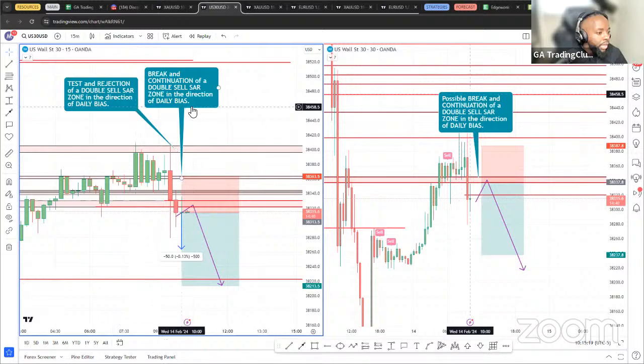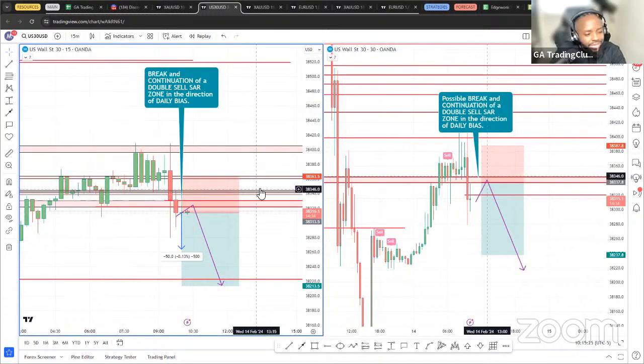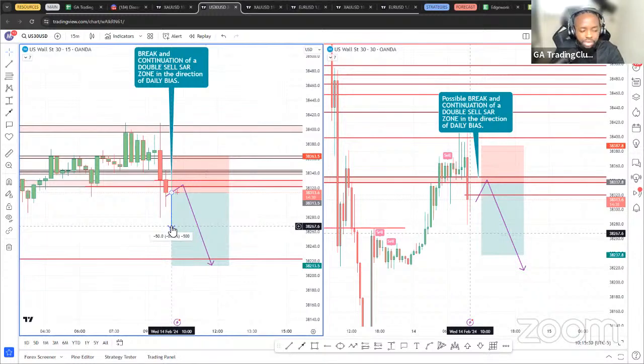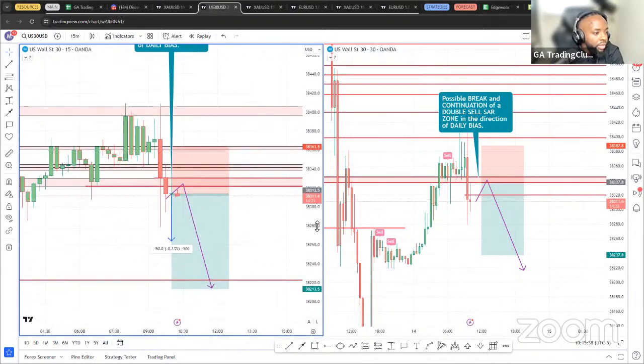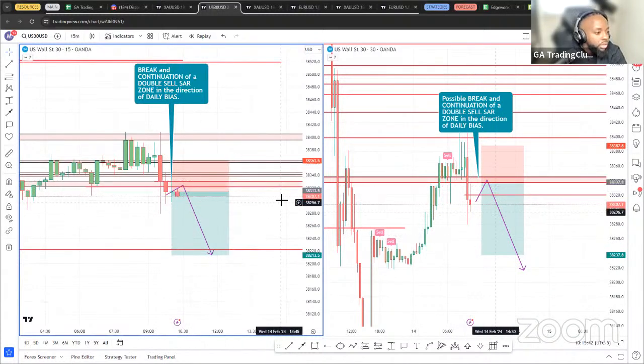So the one I'm in is a break and continuation of this zone that's down here. So I'm not really looking to take the test and rejection just as of yet. If price does go up, it is what it is. But this does make sense to me currently where price is at. And I'll just delete this one for now.